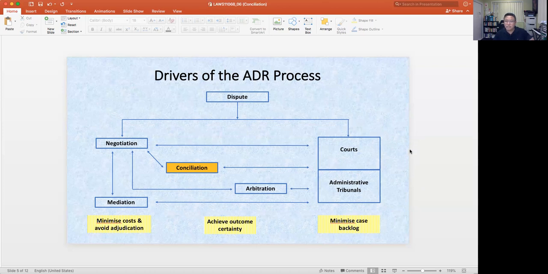You can have a single magistrate who has a mention in the morning, and there could be as many as 50 or 60 cases listed for mention in a few hours. There are just too many cases clogging the court system. And so the courts will try to shift back some of these disputes to get the parties to negotiate, or order the parties to undergo mediation again, or conciliation.